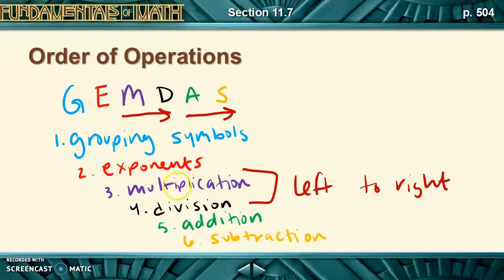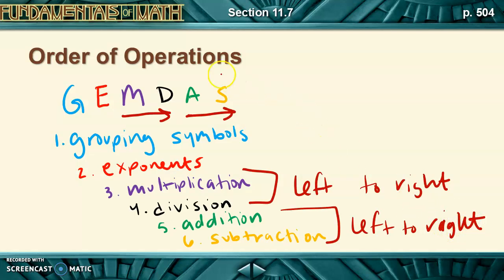Meaning, you can do multiplication or division first, whichever one shows up on the left, and then you just keep working left to right. The same thing applies for addition or subtraction, which also goes left to right.